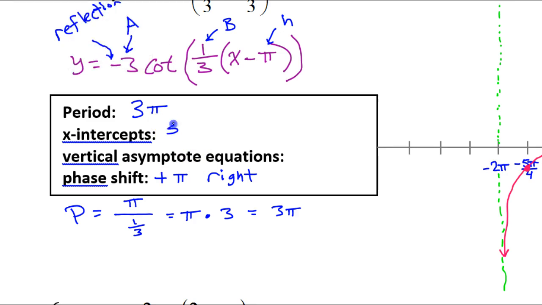Now, as it repeats, I will have many more, but only one per period. So it's going to be multiples of the period. So I'm going to say 3 pi n, where n is an integer.